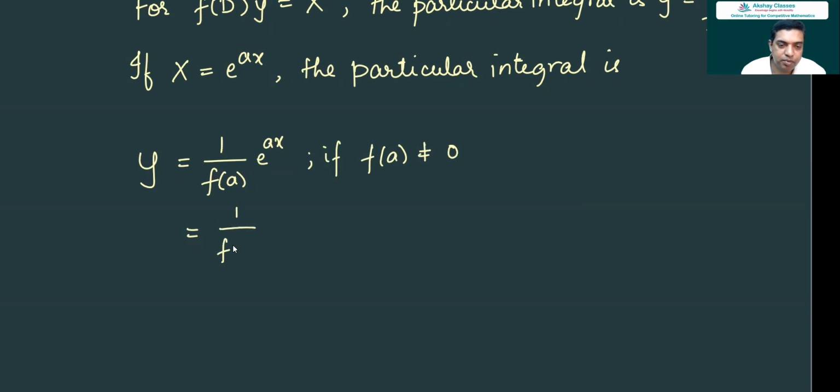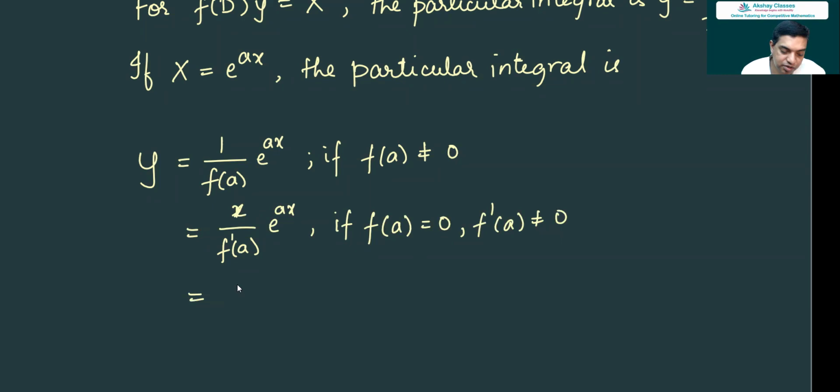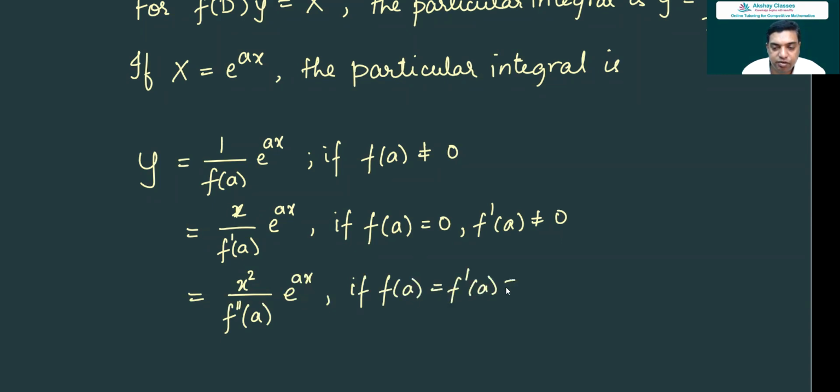This is equal to 1 by f dash a multiplied with x e power ax if f of a is equal to 0, comma f dash a not equal to 0. Next, we didn't show this, but this becomes x square by f double dash a e power ax if f of a and the first derivative is 0, but the second derivative is not 0.